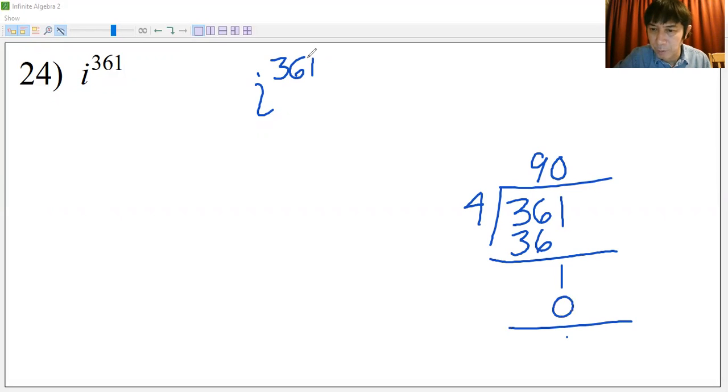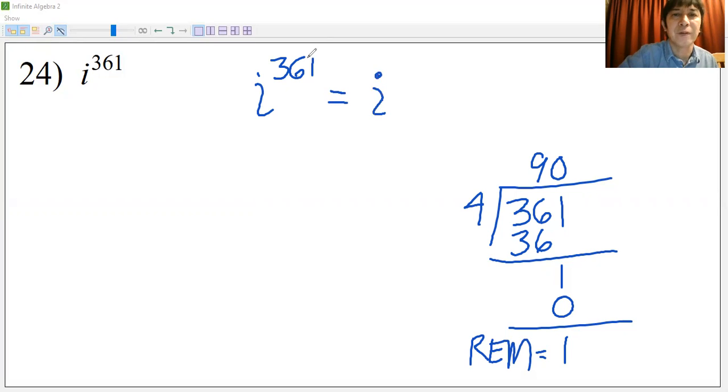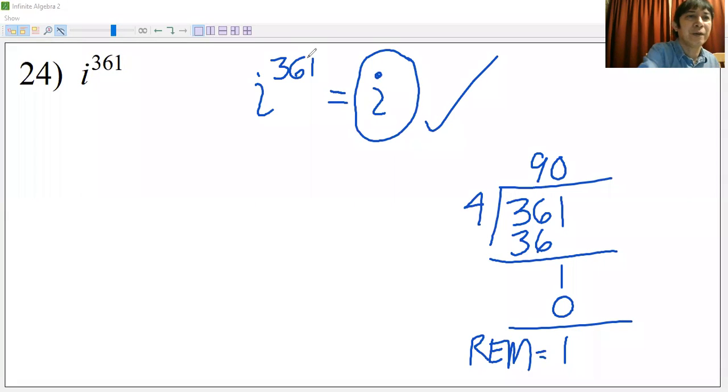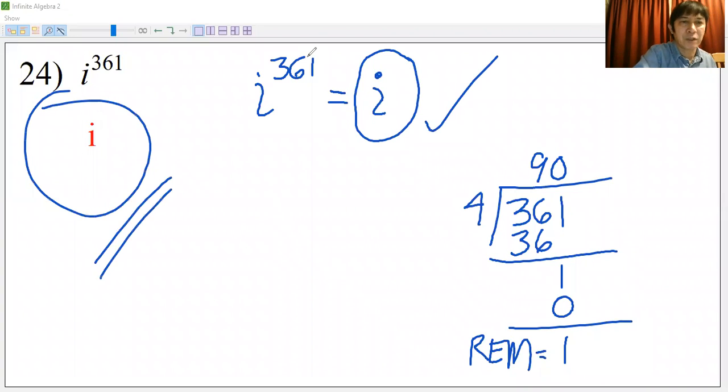That means we have a remainder 1. And remainder 1 means i. Okay, remainder 1 means i. So i raised to 361, it's i. The answer is i. Okay, and that's it. There. That's the confirmation, and the answer is i. All right. That's the last number.